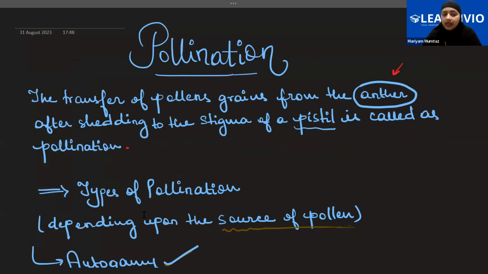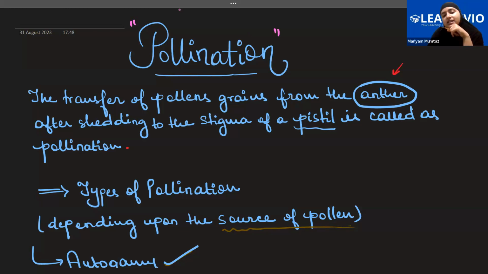Now we saw that the male reproductive structure has been formed, the female reproductive structure has been formed. Now, fertilization is important, right? Then only a new plant species can develop. For that process of fertilization, there is a process known as pollination. Now, what is pollination?